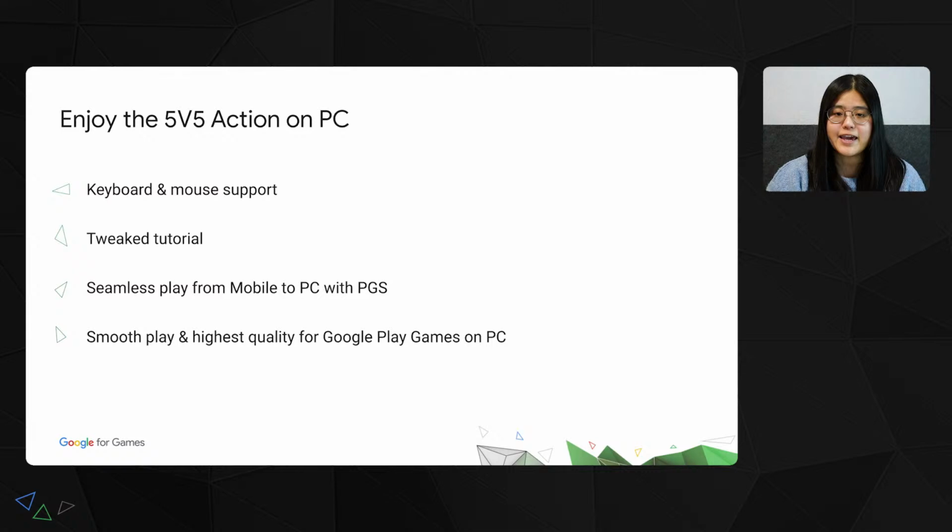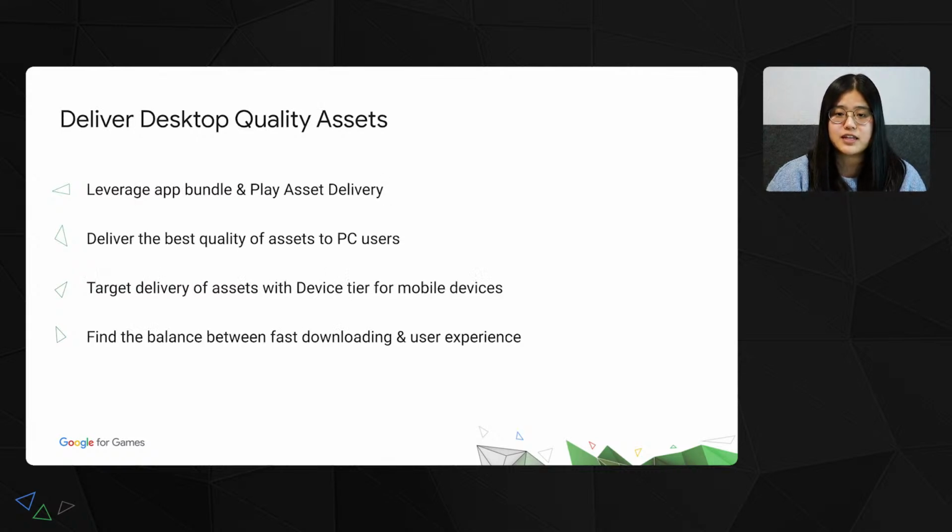We used Play Asset Delivery's newest feature, device tier targeting, to deliver 4 different levels of assets to different devices for seamless gameplay. With a single app bundle, we are able to serve the most suitable assets from low-end mobile devices to Windows PC.